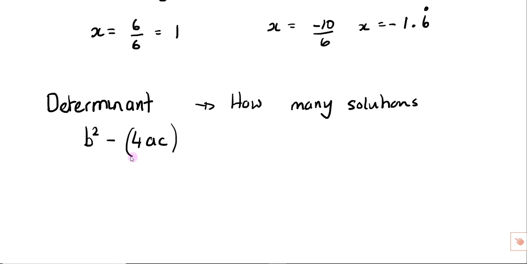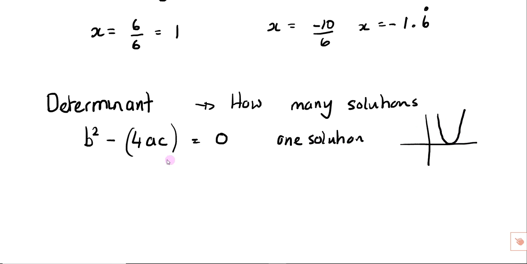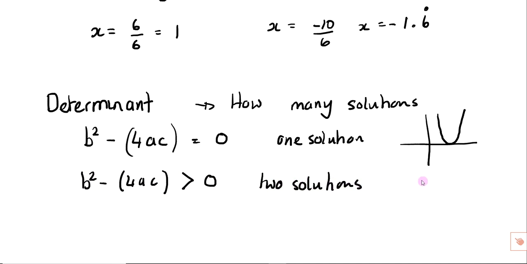So I mentioned it yesterday. So if that bit is equal to 0, there is one solution, which means it touches and goes back up. If b squared minus 4ac is greater than 0, that means we have two solutions, which means my graph will look like the ones we're used to.